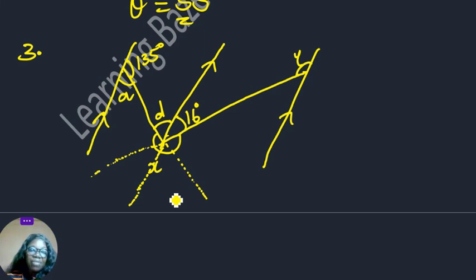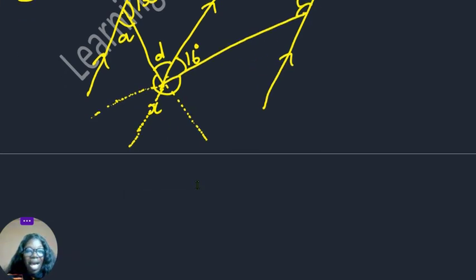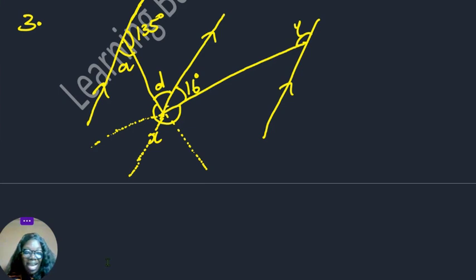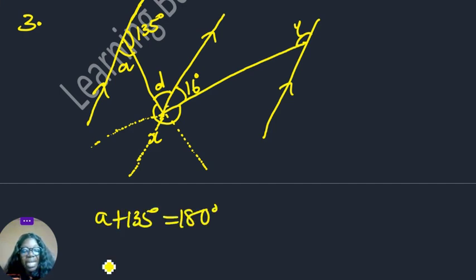Now, if you look at it very well, we have angle 135 degrees on the left here, and 135 degrees and A are adjacent angles. So adjacent angles on a straight line have their sum equal to 180 degrees. So A plus 135 degrees is equal to 180 degrees.